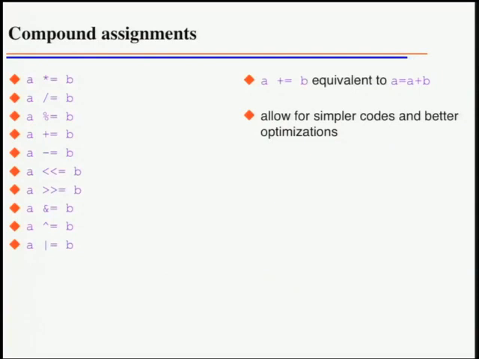There's compound assignments listed here, which are exactly equivalent to doing the operation. So A plus assign B is exactly equivalent to doing the operation A plus B and assigning the result of that operation into the variable A. Strictly speaking, it's not needed, but often it allows for simpler code and allows the compiler to do easier optimization.